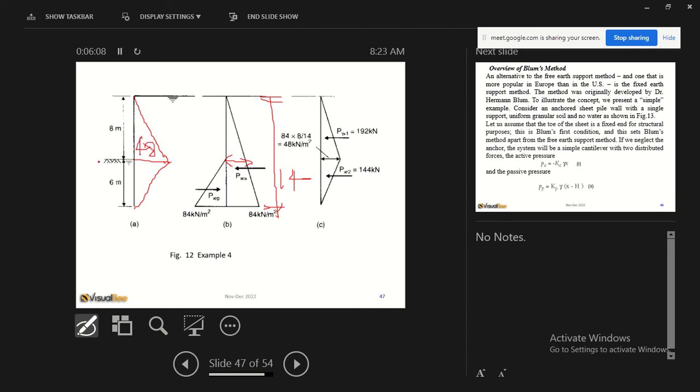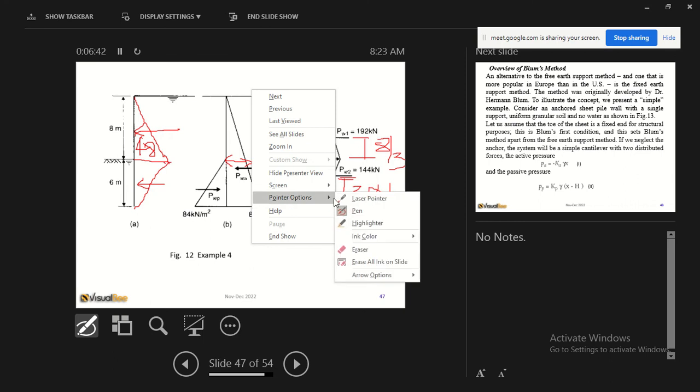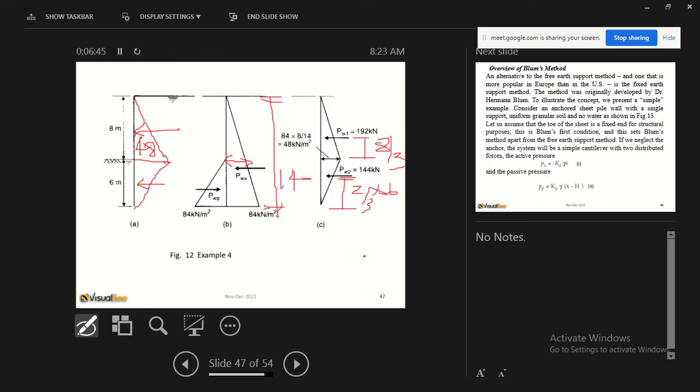So if that is 48, this force here acts at 8 over 3, and this force also acts here at 2 over 3 times 6. And the rest of this you can find the area. So if you know this is 48, then you can find the area of that and also the area of that part. So this is the net pressure distribution. Okay.